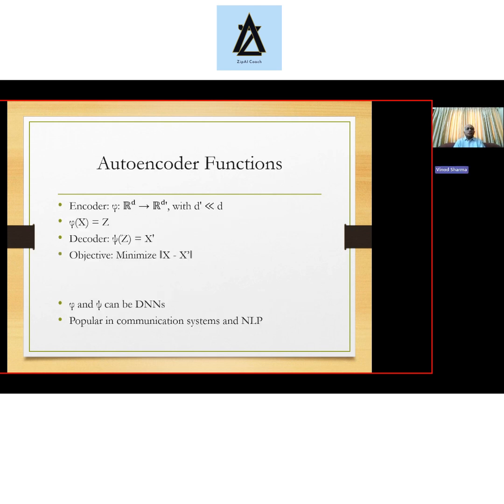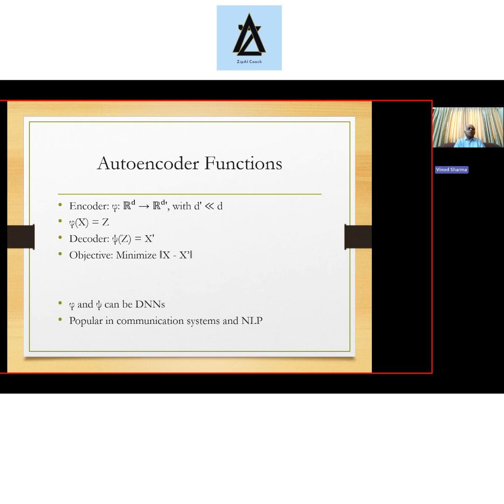The encoder we are going to denote by a mapping phi, from R^D to R^D', where D' is much less than D. Using this mapping phi on the input X, we obtain Z, the compressed lower dimensional vector.